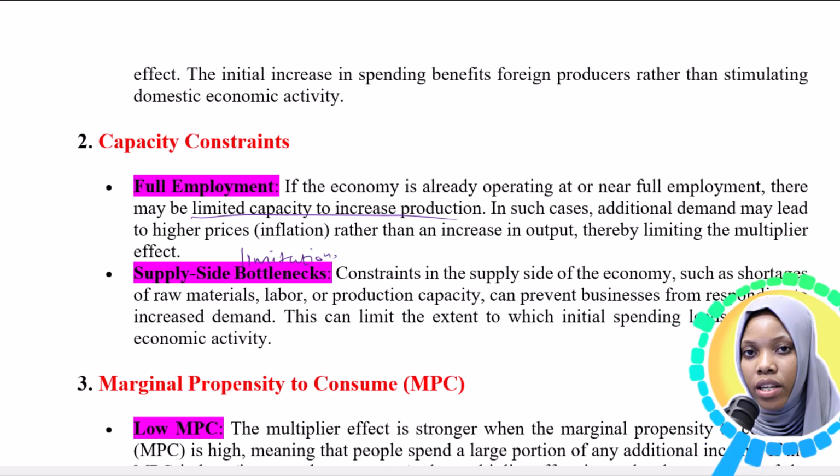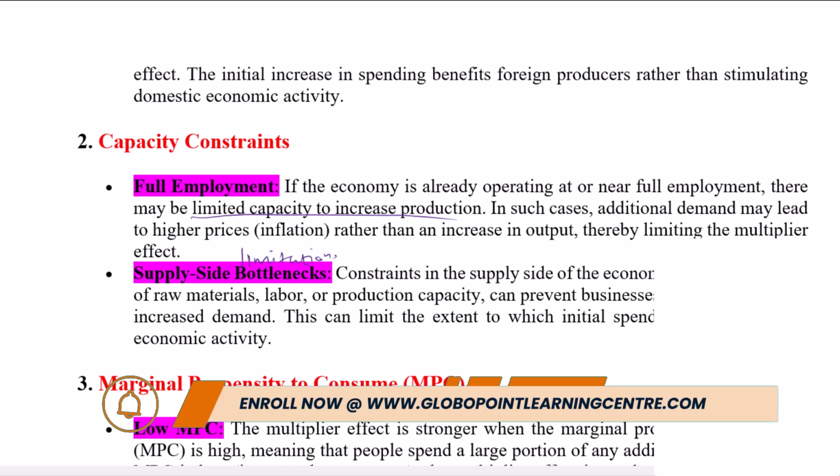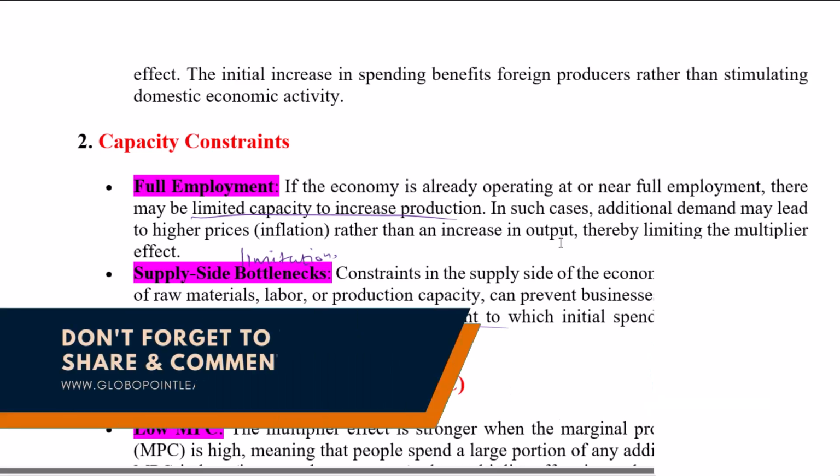And in such a case, demand may lead to higher prices rather than an increase in output, thereby limiting the multiplier effect. On the supply side limitations, we say constraints in the supply of the economy, such as shortages of raw materials, labor, or production capacity, can prevent businesses from responding to increased demand. This also limits the extent of the multiplier.